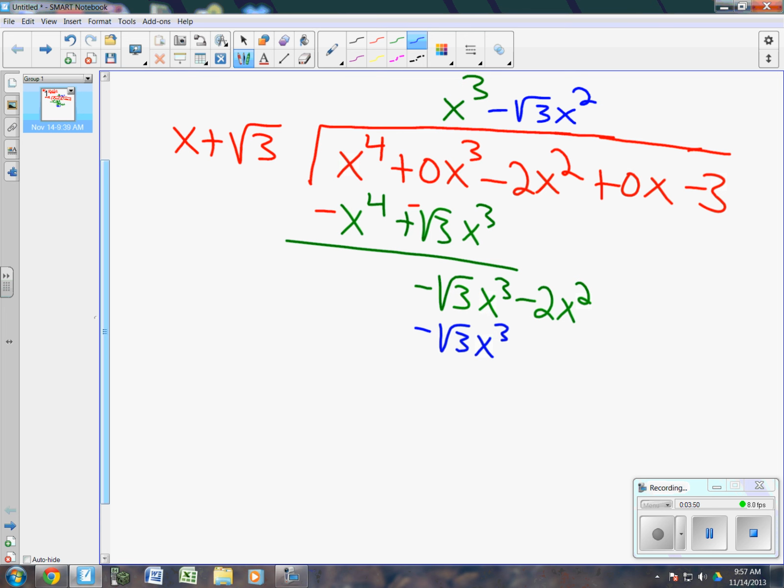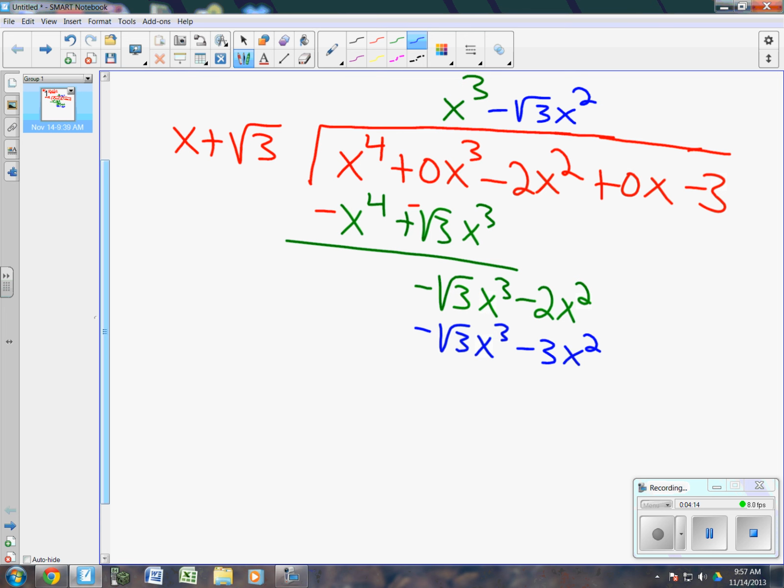What is square root 9? 3. So it's going to be negative 3x squared, isn't it? Because when I multiply square root of 3 times square root of 3, I get the square root of 9, which is 3, right? Now it's a negative, so it's a negative 3 and then x squared.